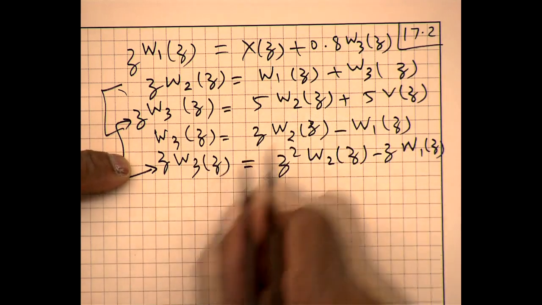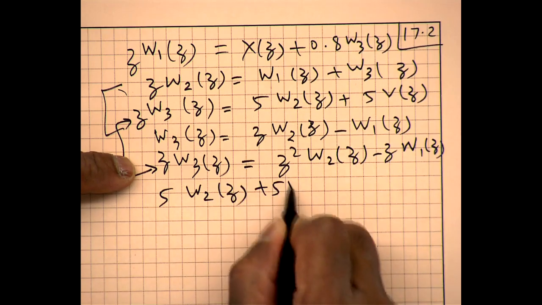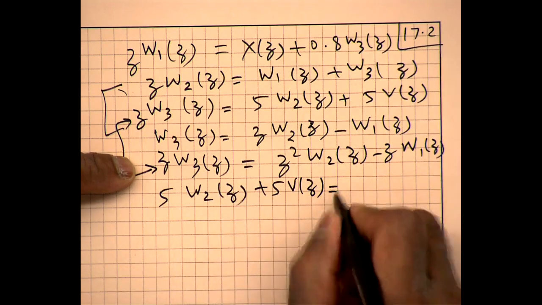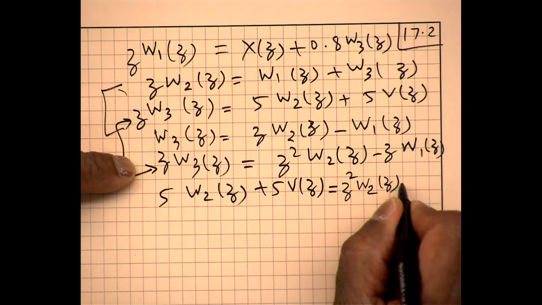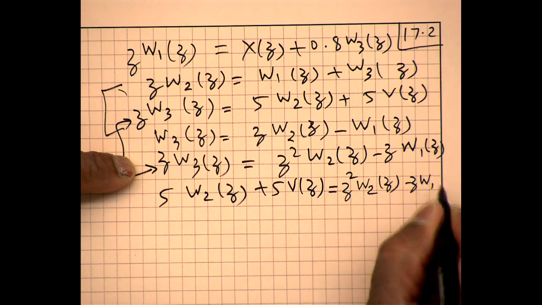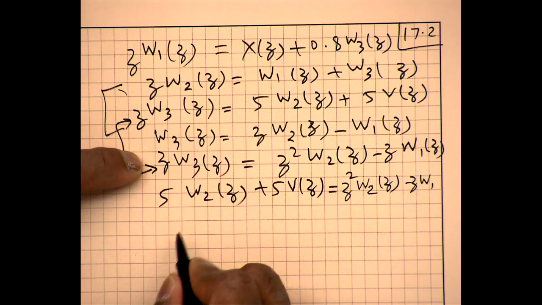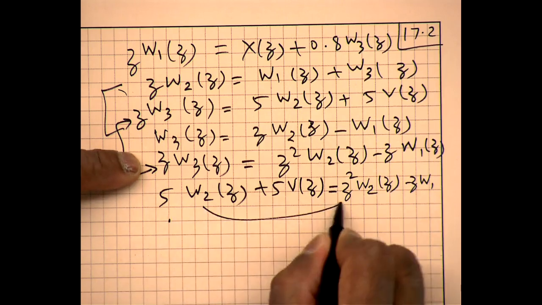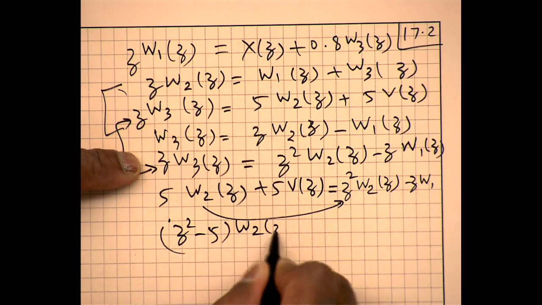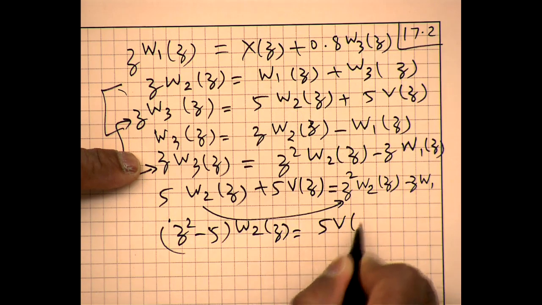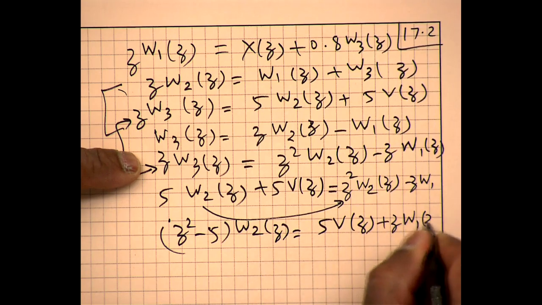So 5W2z plus 5Vz is equal to z squared W2z minus zW1z, and if I take 5 to this side, z squared minus 5 times W2z is 5Vz plus zW1z.